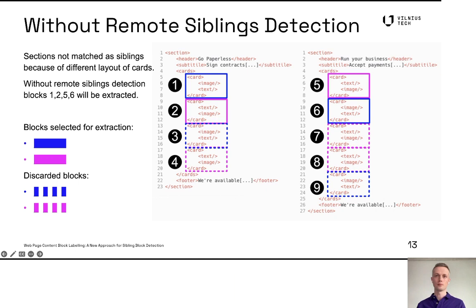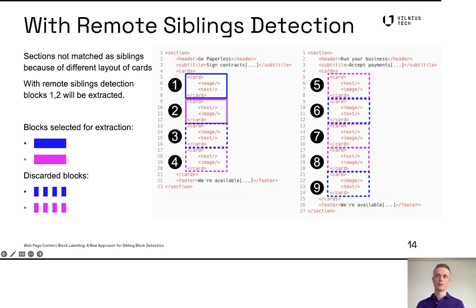Solid border blocks in this example represent blocks that are selected for further processing, while dashed border blocks will be discarded and a relationship will be created to the selected blocks. As a result, with only direct sibling detection, we will proceed with 4 blocks and 5 blocks will be discarded.